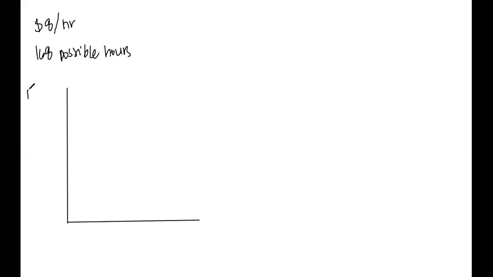We have income on our y-axis, and we're going to have this double x-axis of leisure and work. They told us there's 168 possible hours in a week, so we know this range is going to be 0 to 168 for leisure, and then the opposite for work, 168 to 0.